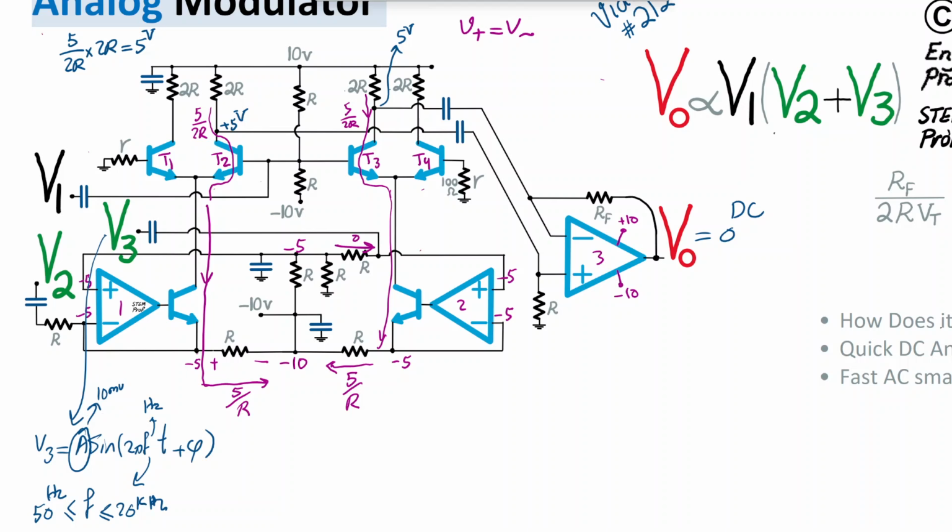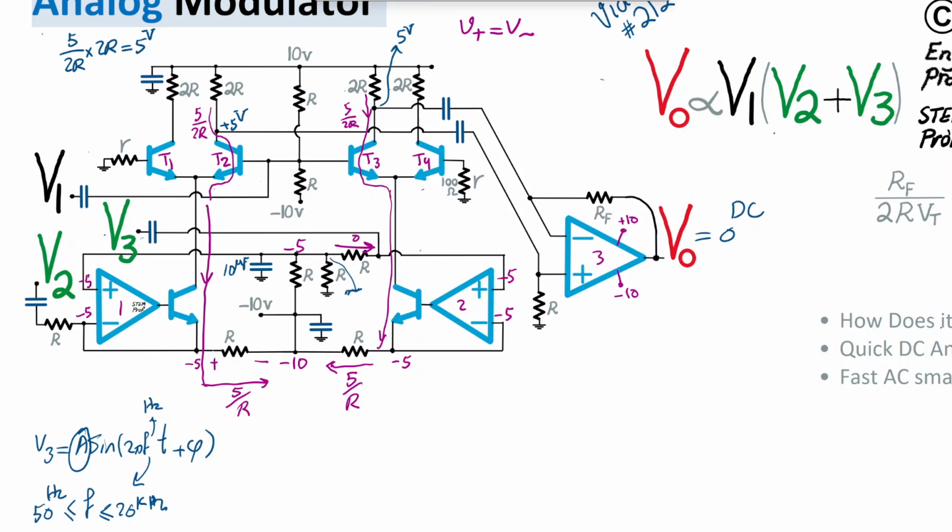So with that said, now let's focus on what's going on. V3 is coming here, but there is a bypass cap here, which is, for example, a 10 microfarad cap. This would cause an AC virtual ground here. So it would short this node to ground AC-wise.